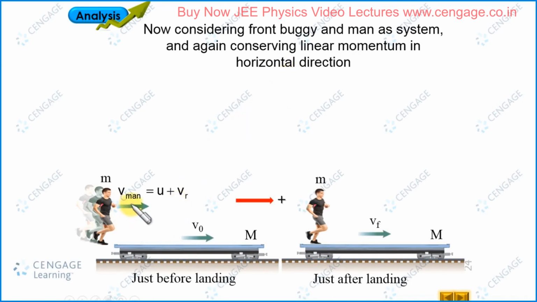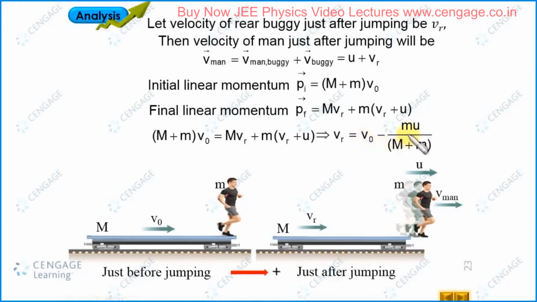The initial linear momentum of the system is equal to capital M multiplied by V naught plus small m multiplied by u plus Vr, and the final linear momentum of the system should be equal to capital M plus small m multiplied by Vf, and we have calculated the value of Vr. Vr value is V naught minus mu divided by capital M plus small m.